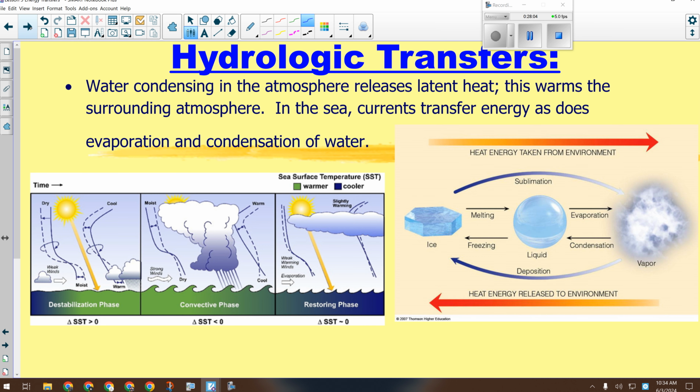Now, that's for atmosphere. Now we're talking about hydrosphere. So the hydrosphere, we said in the water cycle, energy gets transferred because of this stuff, latent heat. The energy that's trapped in materials because of their state.